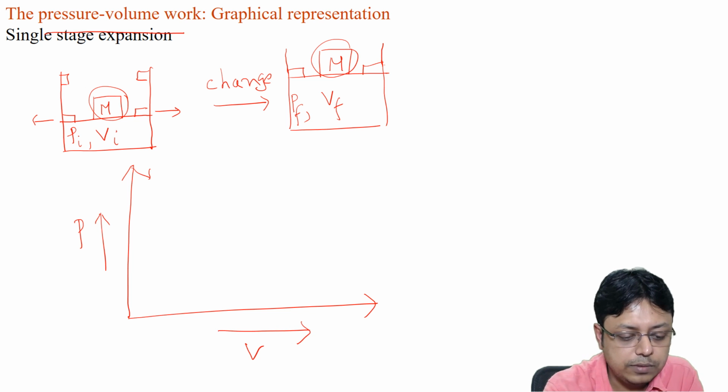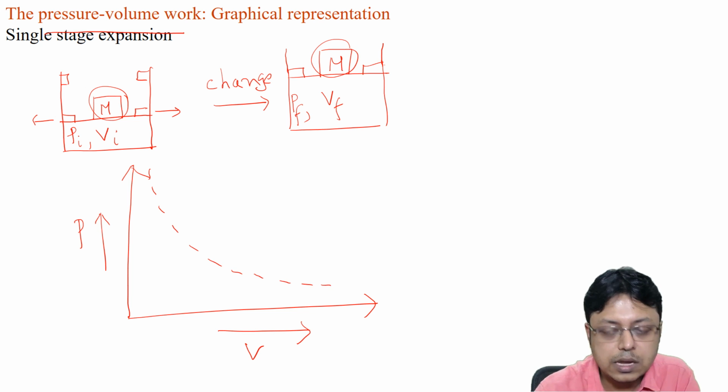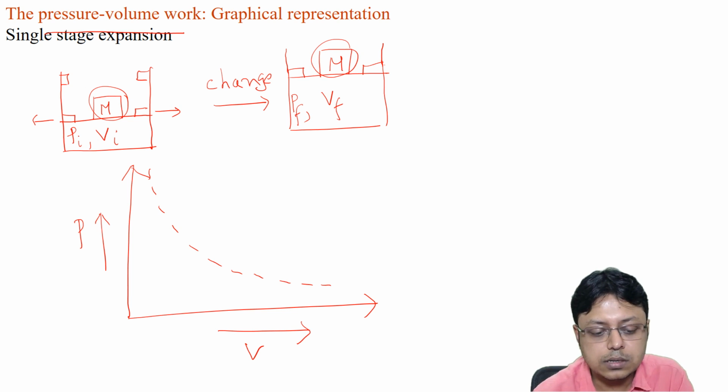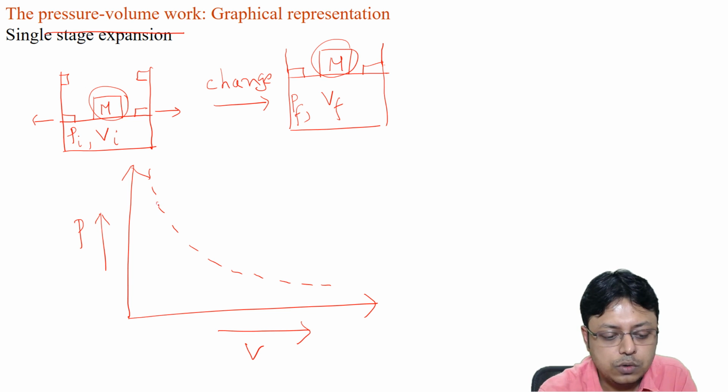And you know that if the gas behaves ideally, then the state must lie somewhere on this isotherm, because this isotherm represents the states of the ideal gas at a definite temperature. So while we made this change, we have somehow moved the system from some point to some other point.